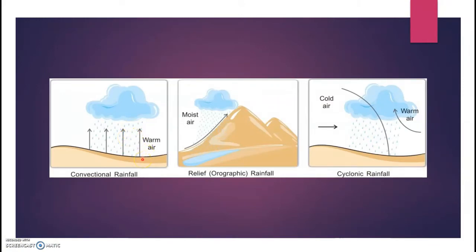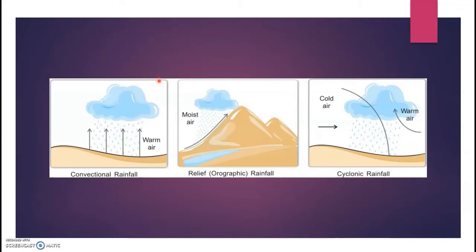The air on getting heated becomes light and rises in convection currents. As the air rises, it expands and drops the temperature and subsequently condensation takes place and cumulus clouds are formed. This is the cumulus clouds.